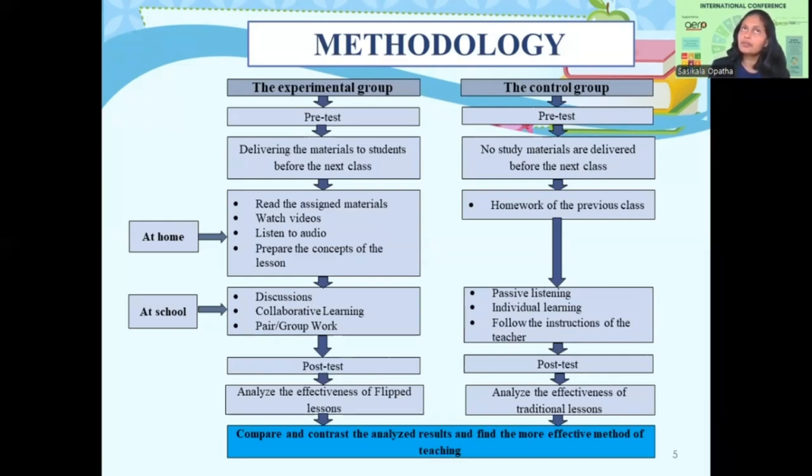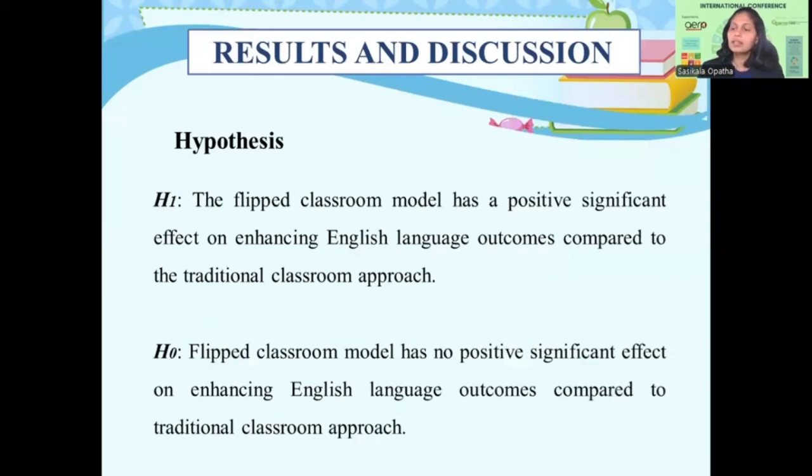After the first 4 modules of the general English curriculum, both groups were given the same post-test to analyze the most effective teaching approach, flipped classroom approach or traditional teaching. This study was conducted based on the hypothesis that the flipped classroom model has a positive significant effect on enhancing English language outcomes compared to the traditional classroom approach.